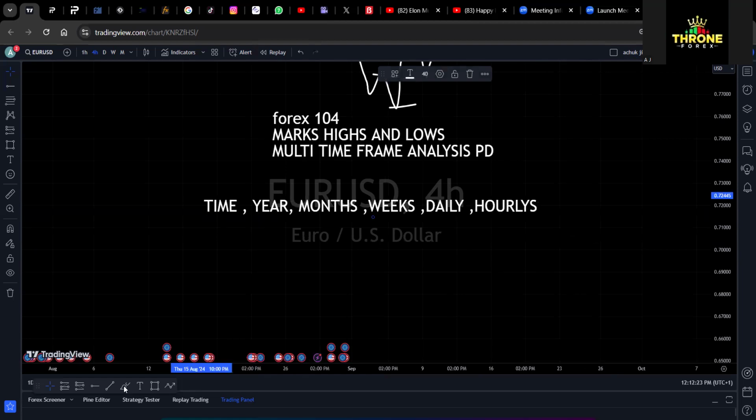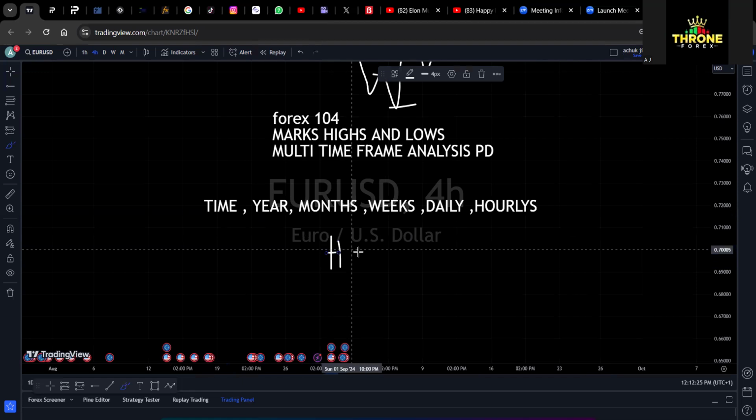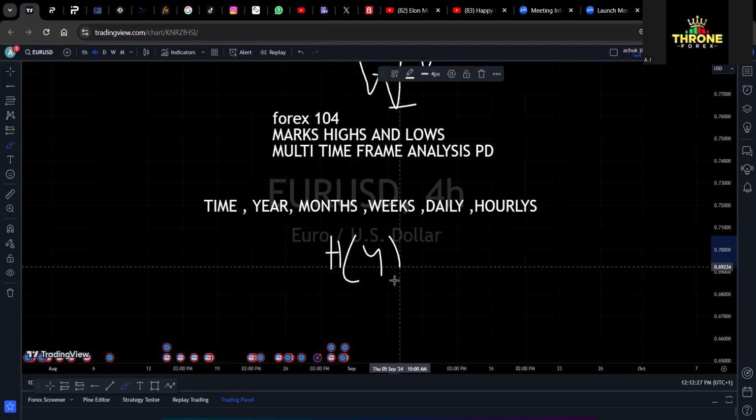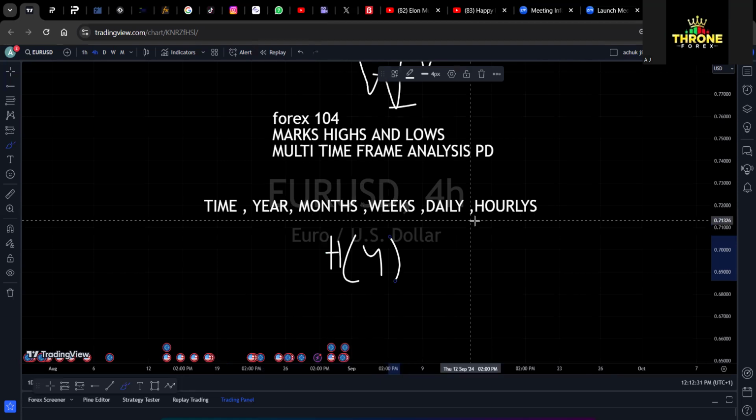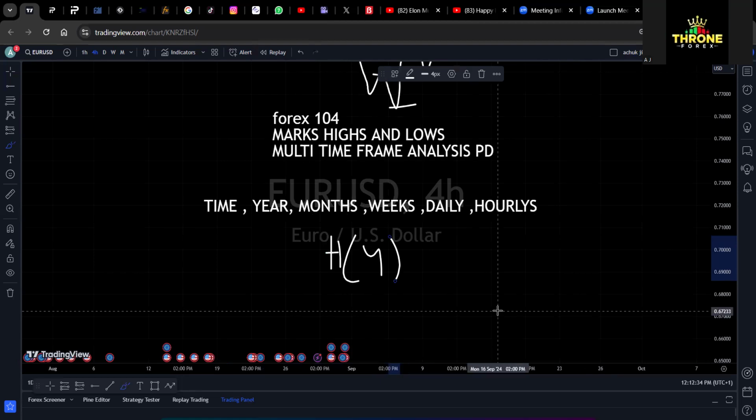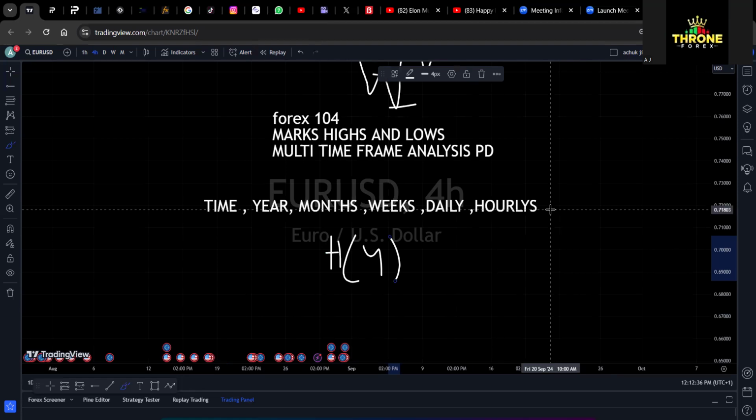Here, this is where we talk about the yearly high, or you would have the monthly high, weekly highs. So from these highs, that is where we get to plot our resistance.